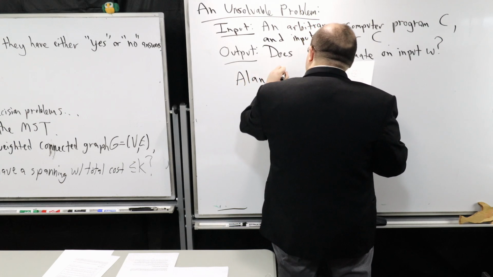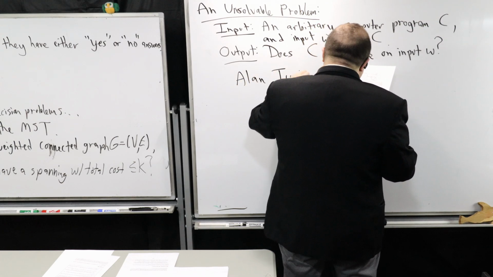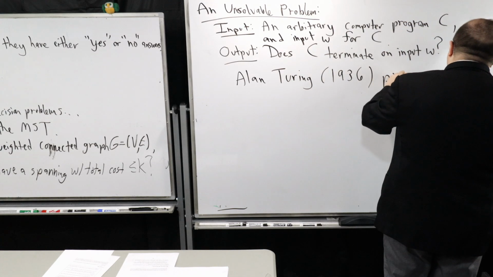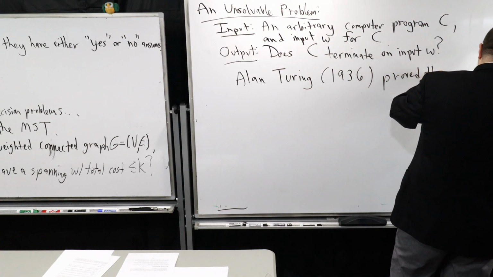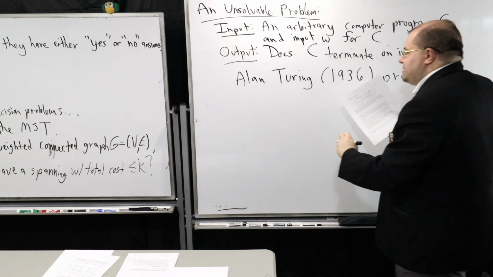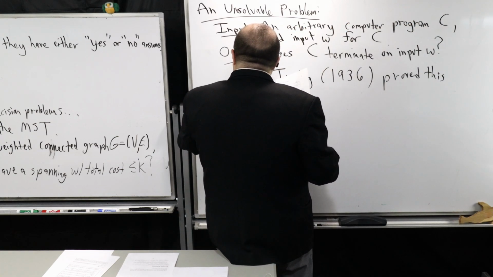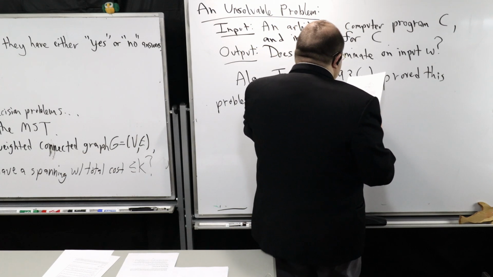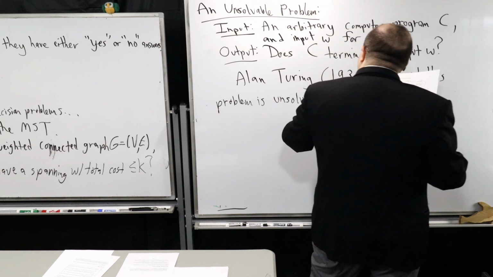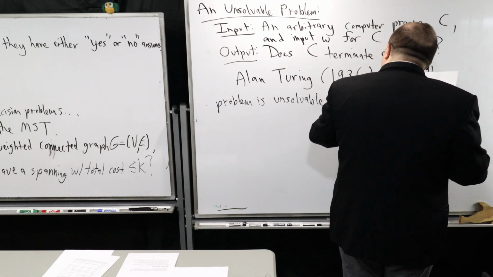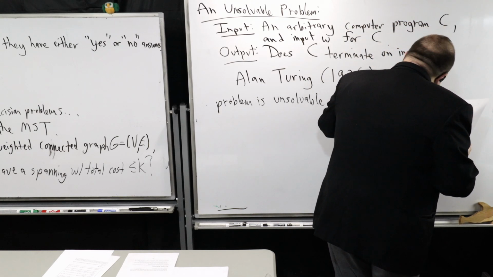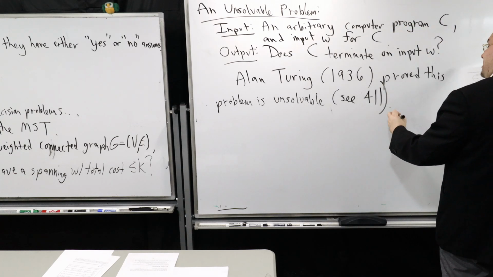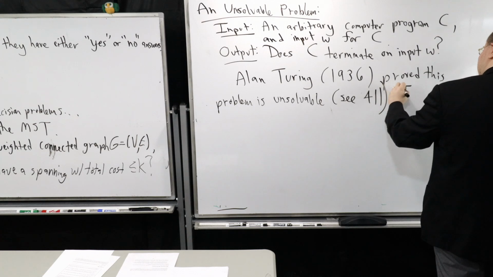One thing I want to tell you is that Alan Turing, you may know that name, in 1936 proved this problem is unsolvable. If you want to learn about how you could prove this, you'll learn it in CS411. This is an example of a so-called undecidability result.